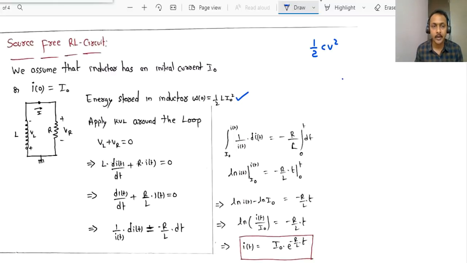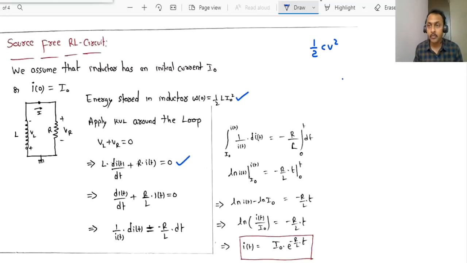Voltage across the inductor plus voltage across the resistor is equal to 0. The voltage across the inductor is L times di(t) by dt, plus the voltage across the resistor, V equals IR. The current flowing is i(t), so R times i(t) equals 0.